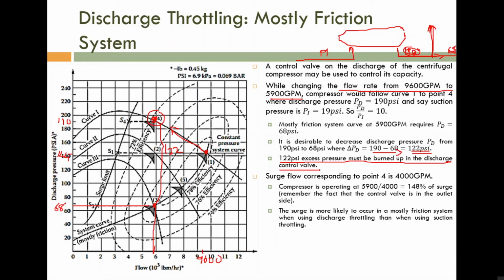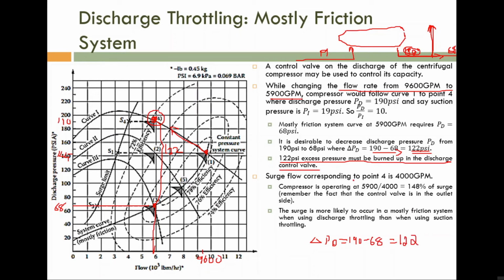So what is the range of control valve required here? The range required is delta PD, because that much pressure is removed, equal to 190 minus the required pressure of 68, equal to 122.